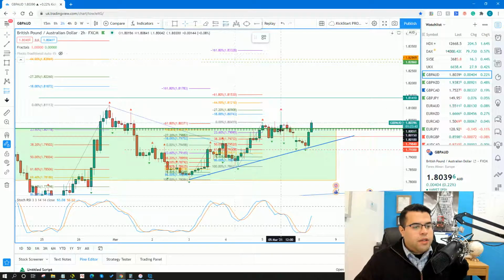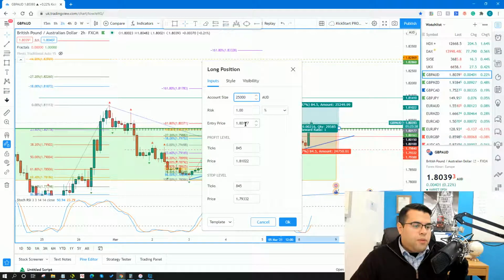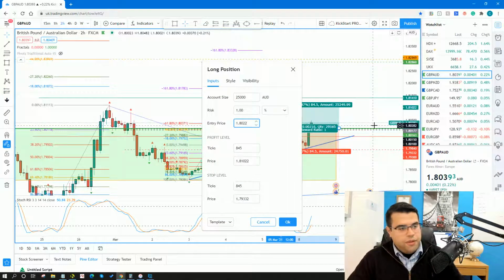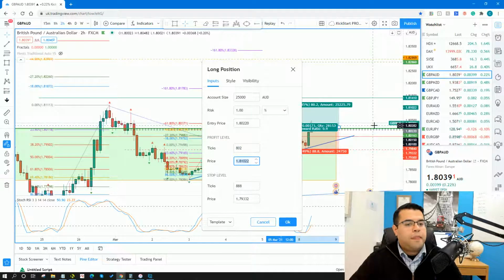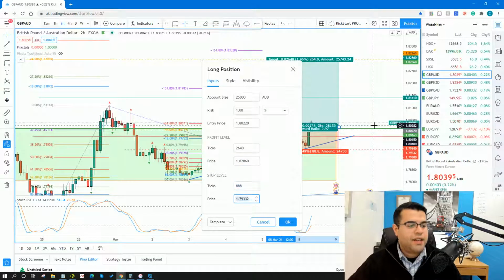So let me go ahead and put the long position on the chart here so we can see this. 180.22 was my actual entry point. I'm looking to take this up to the sub 144, and I'll show you that in a moment. That sub 144 is located in this case at 182.96. So I'm actually targeting this all the way to 182.86.